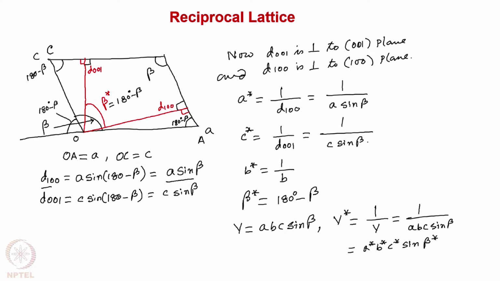So, this is how one can calculate the reciprocal lattice parameters for a monoclinic system.